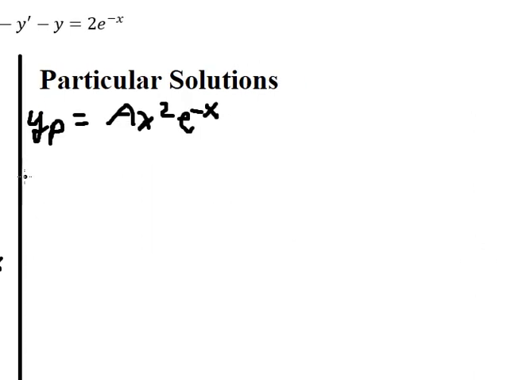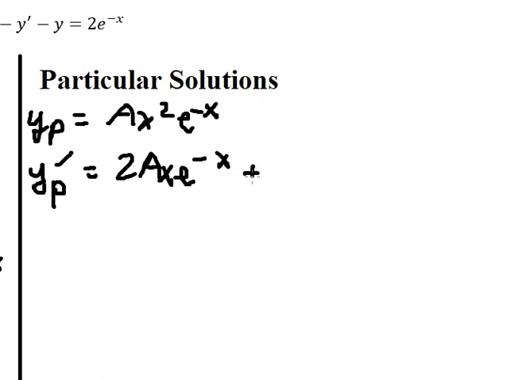So when we do the first derivative of yb, that is 2as e to the power of negative s, and we have negative a s squared e to the power of negative s.